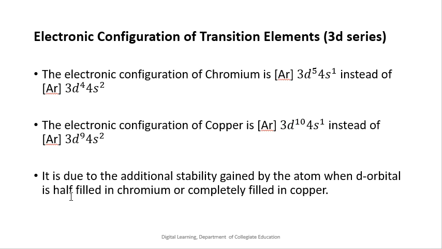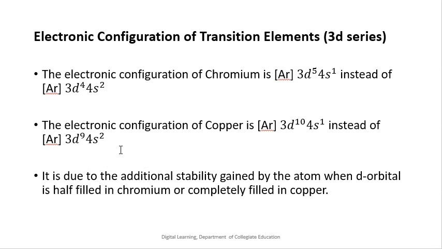The electronic configuration of chromium is argon 3d5 4s1 instead of argon 3d4 4s2. Similarly, the electronic configuration of copper is argon 3d10 4s1 instead of argon 3d9 4s2.